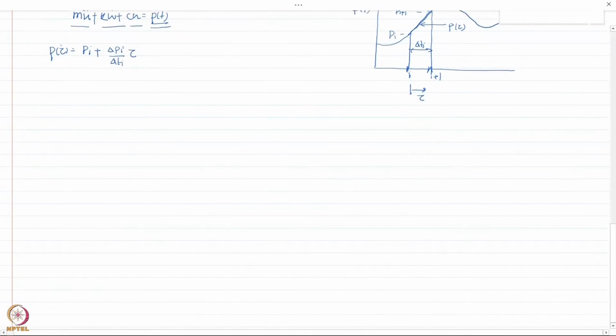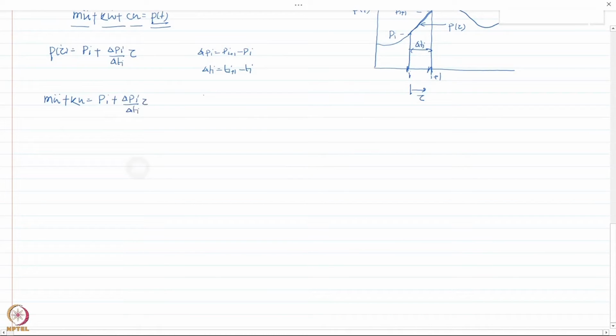So the equation of motion I need to solve becomes, remember, delta p_i is p_(i+1) minus p_i, and delta t_i is t_(i+1) minus t_i: m u double dot plus k u equals p_i plus delta p_i divided by delta t_i times tau.